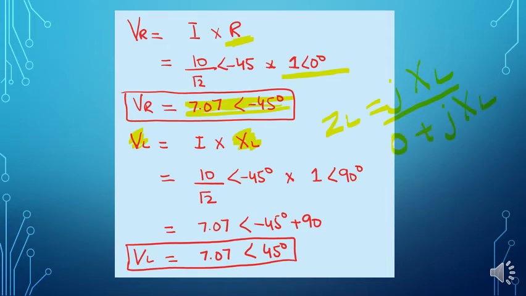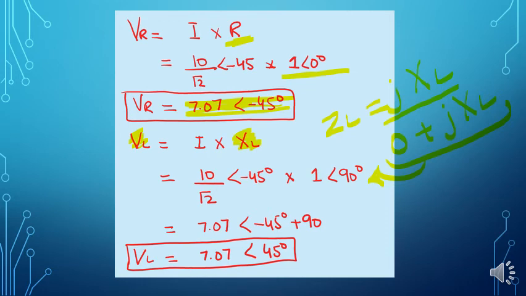If you convert this rectangular form into polar form, you get the value 1 with angle 90 degrees. You should implement it. Similarly, in the case of a capacitor, you should write minus j over XC, and the angle should be minus 90. You should practice it, right?